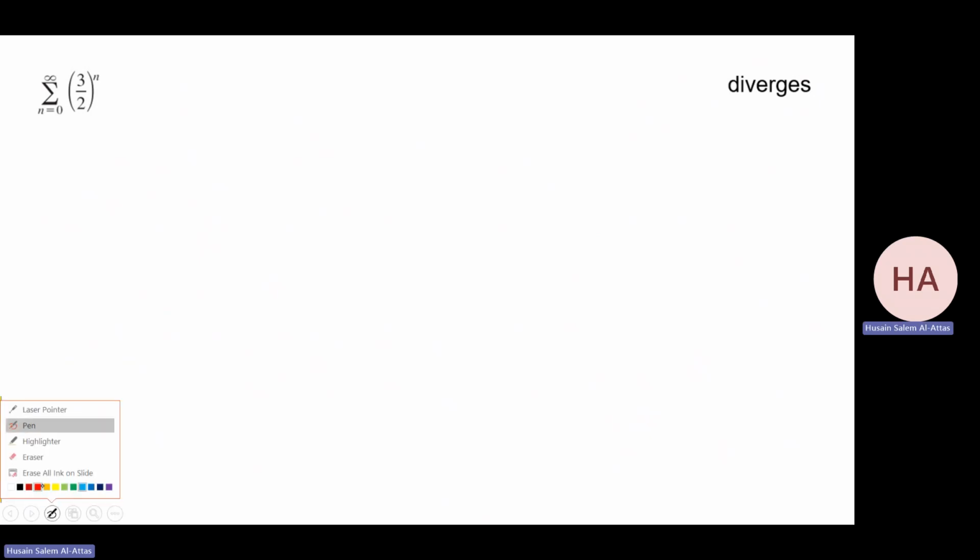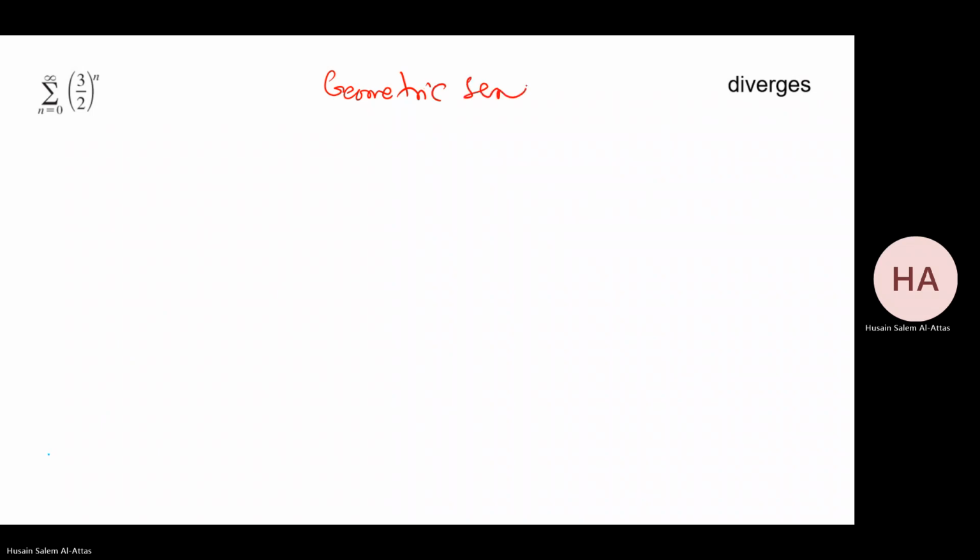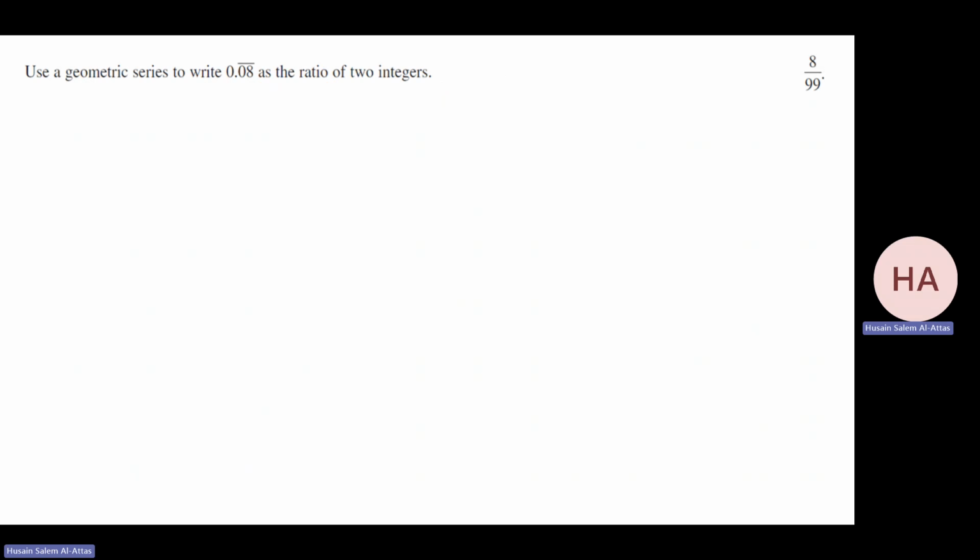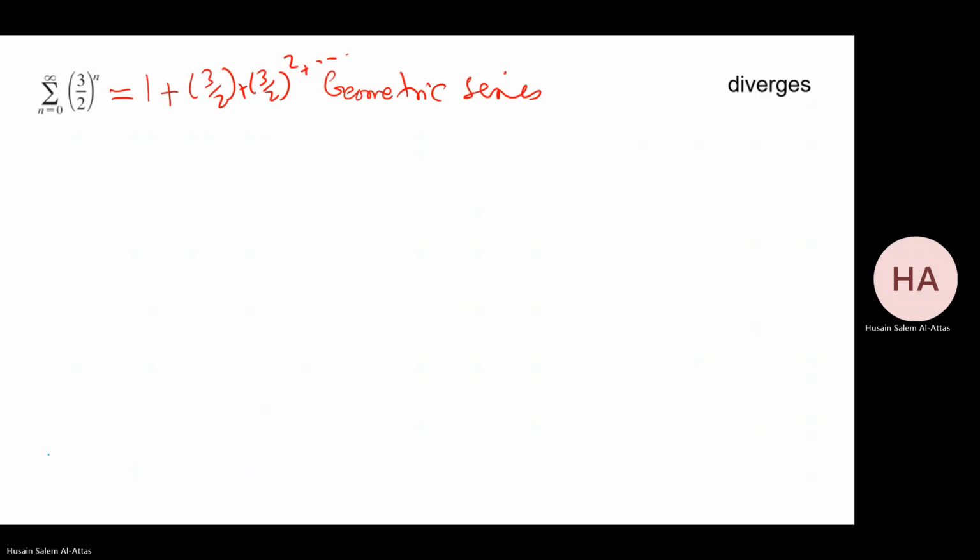Yeah, very clear to me. This is a geometric series. If I want to write it in this format, let me open it up. That will be 1 plus 3 over 2 plus 3 over 2 squared, and so on.